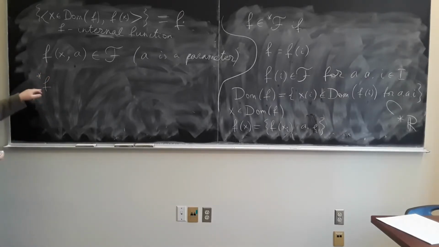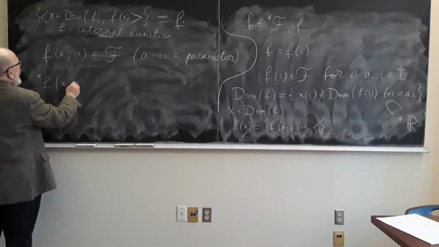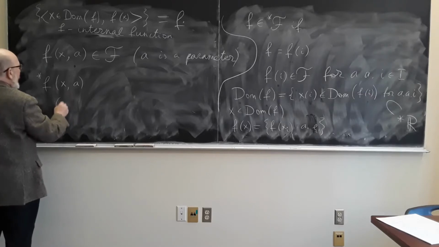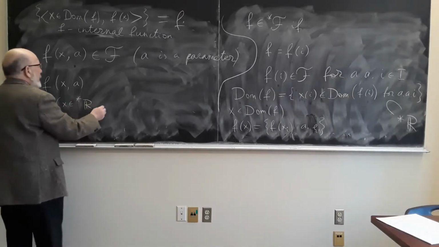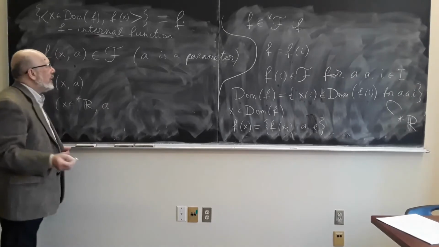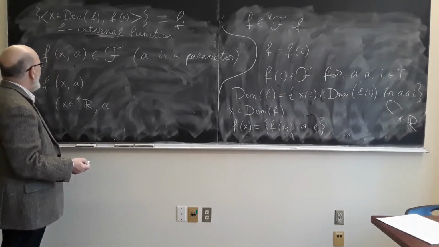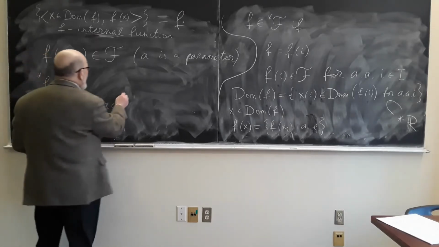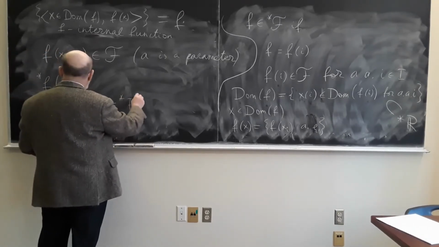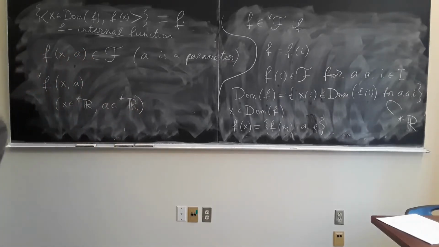Star f is defined for x and a, here x in star R, and a is also a real number, also in star R. So it makes it possible to make a infinite or infinitesimally small.